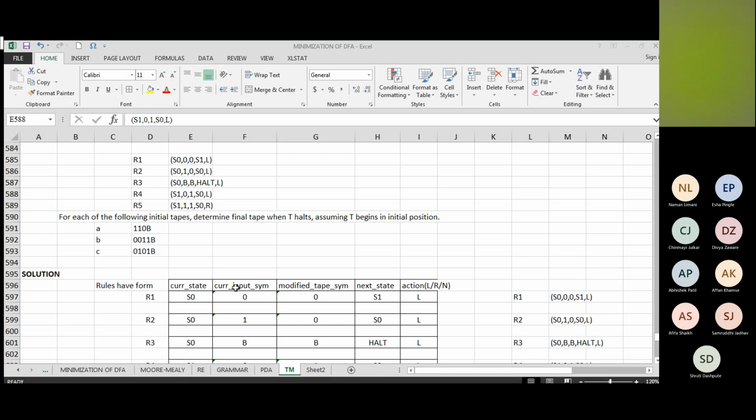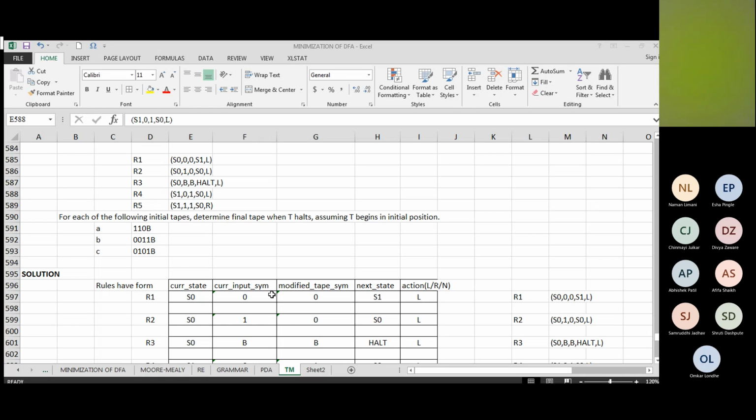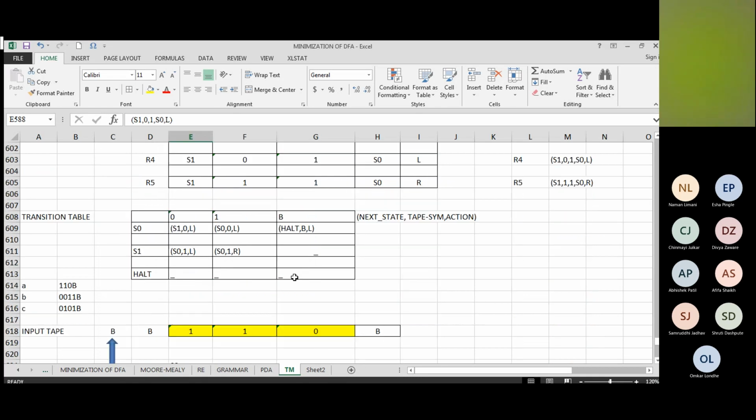At least for third one we should have got a different answer. It's the same, it's given as same.